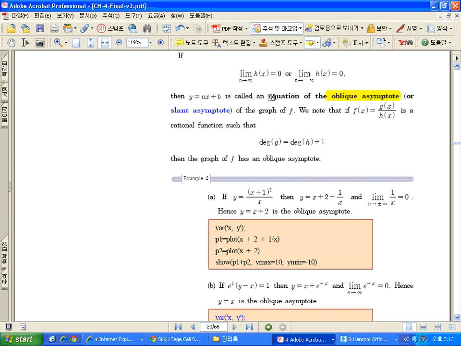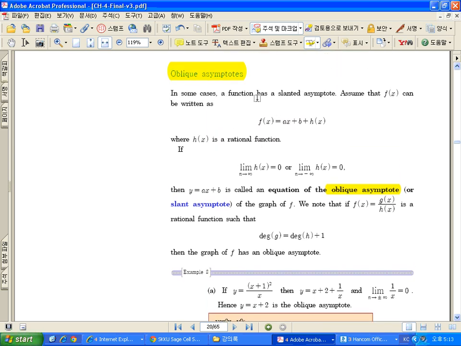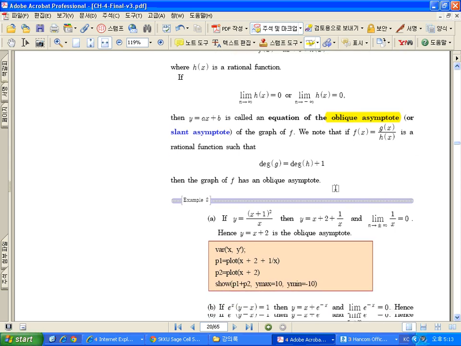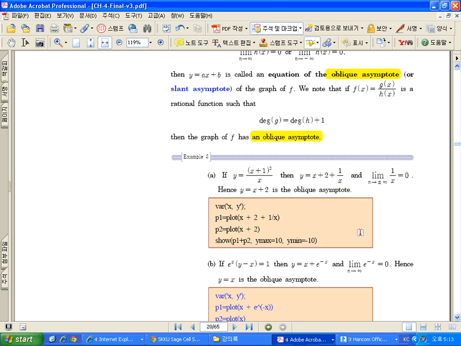The equation of an oblique asymptote, or slant asymptote, is a kind of asymptote line which shows the limit of the curves when x and or y approaches infinity or negative infinity. Here is the example that shows the oblique asymptote.